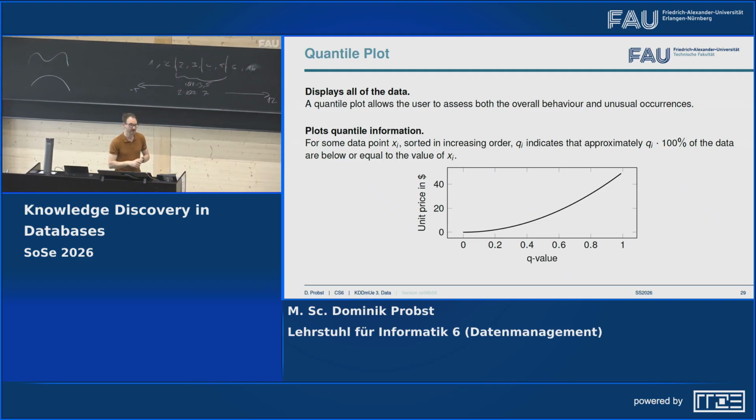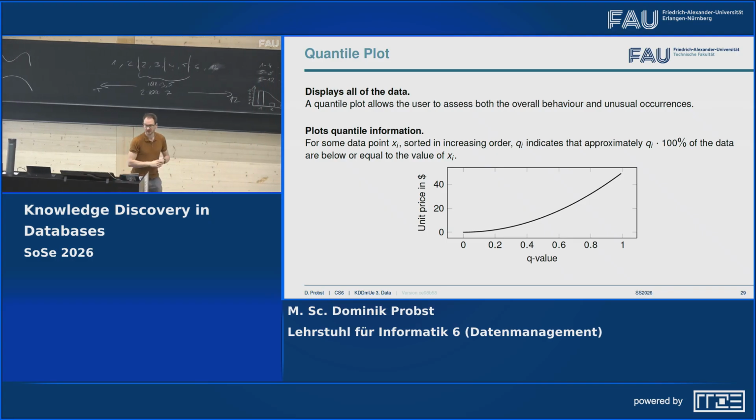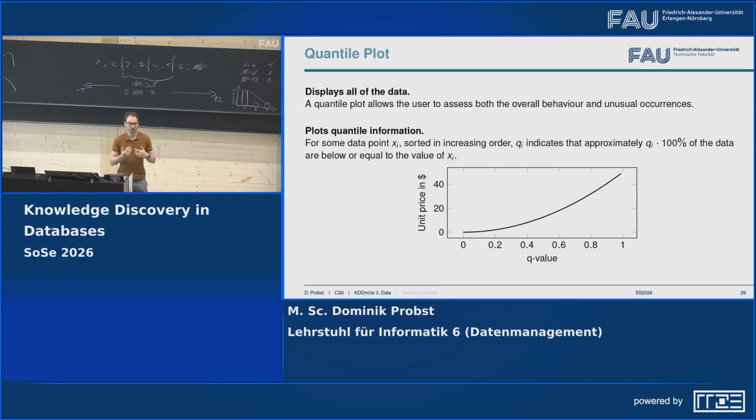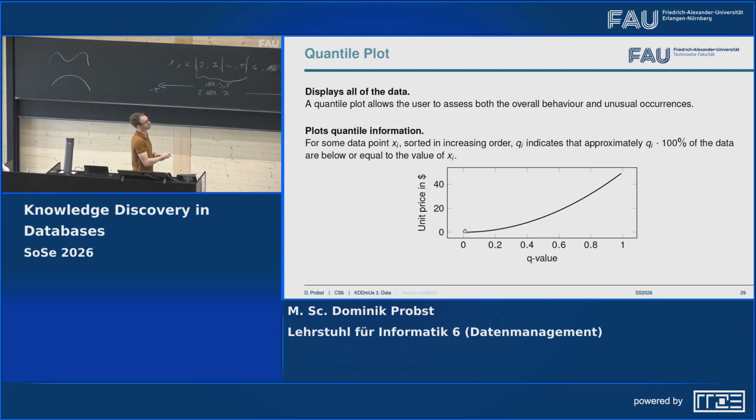If we can define a quantile for every percentage we want, we can of course also see at which value we reach a certain threshold. So in this quantile plot, we can read now that, let's say this is at $0.1 in here for the y-axis.